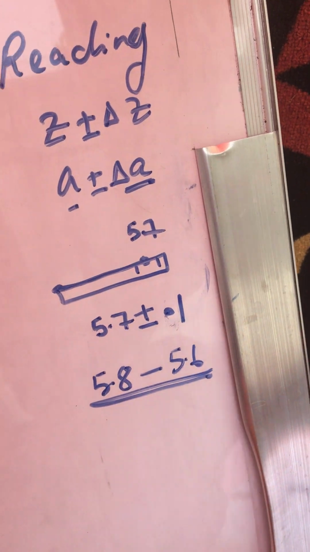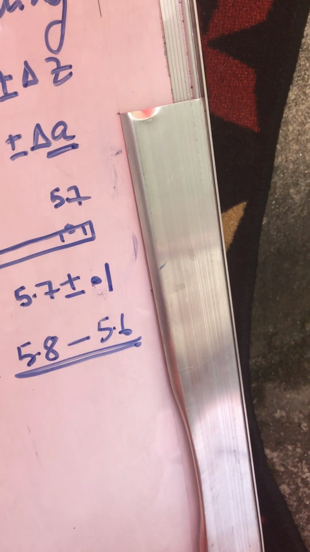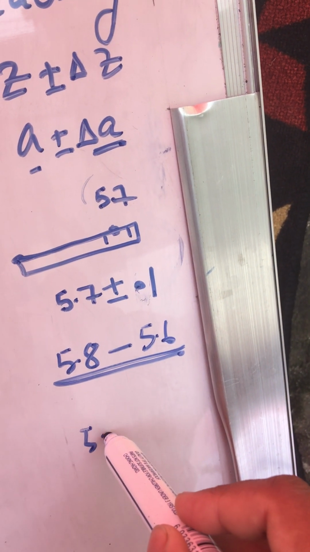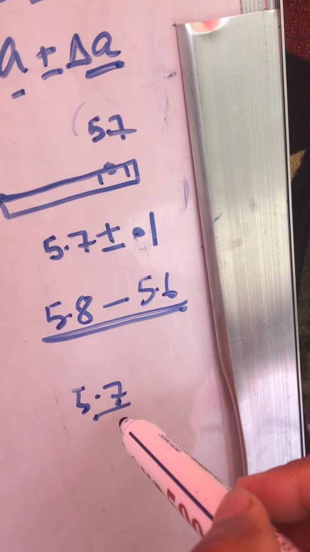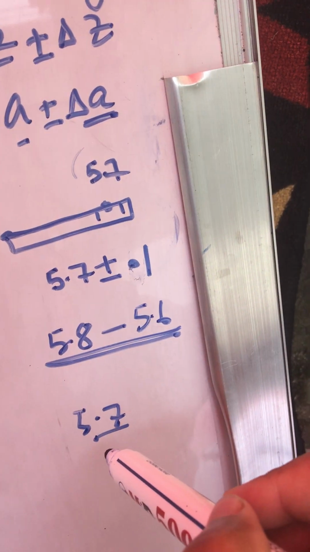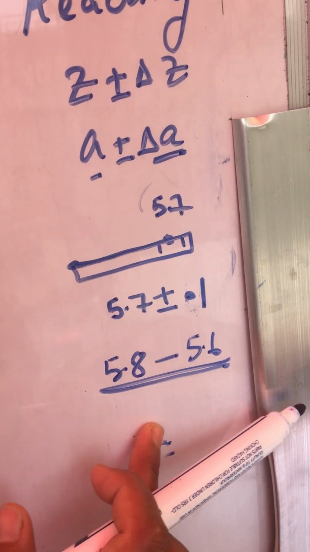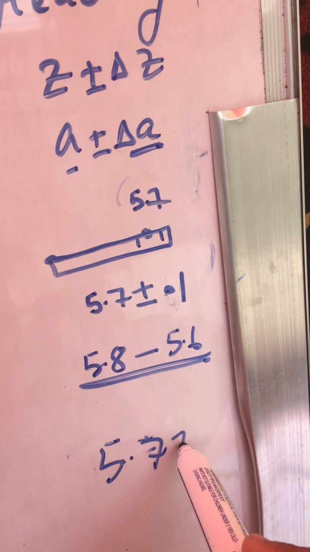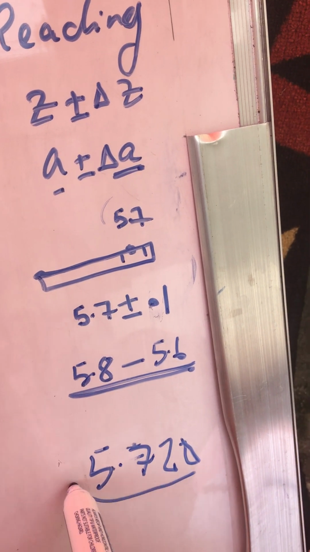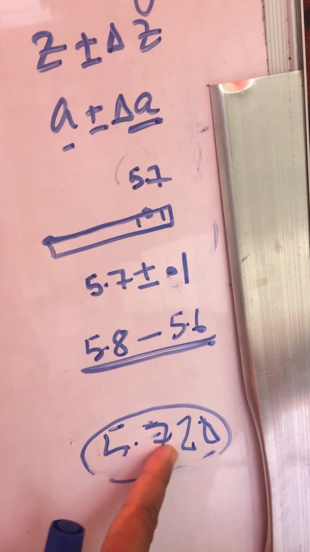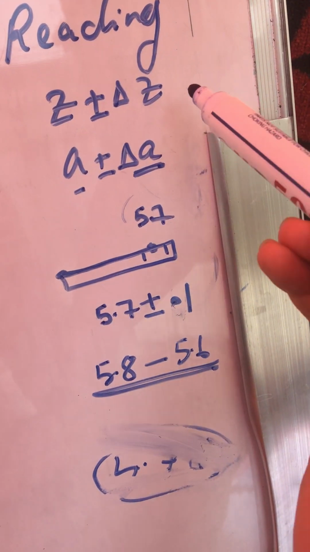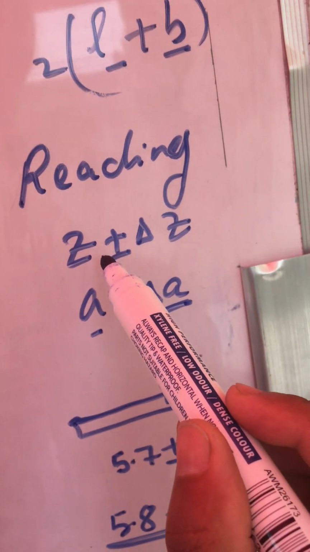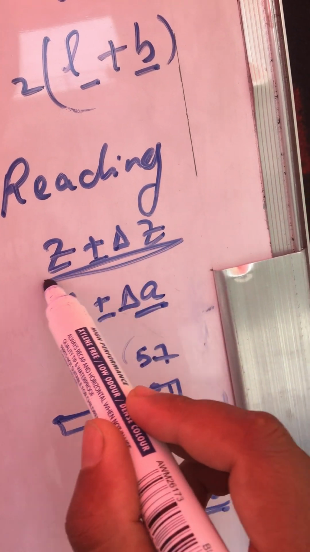Now if you had used a better instrument than the centimeter scale, then instead of just 5.7, which has only two significant figures, it could have given a better reading with more significant figures. It depends upon the instrument. That is why, students, any measurement we write this way. Understood?